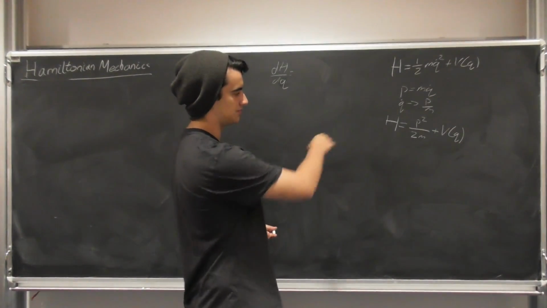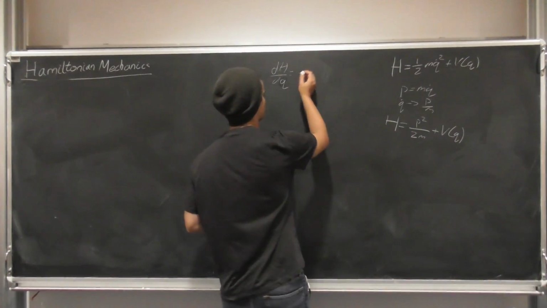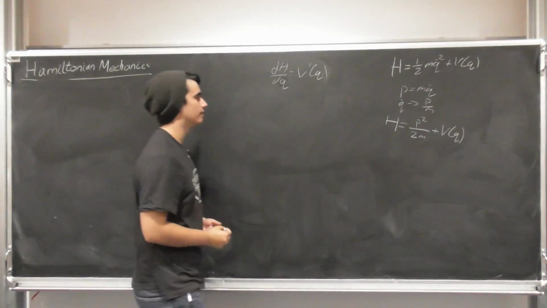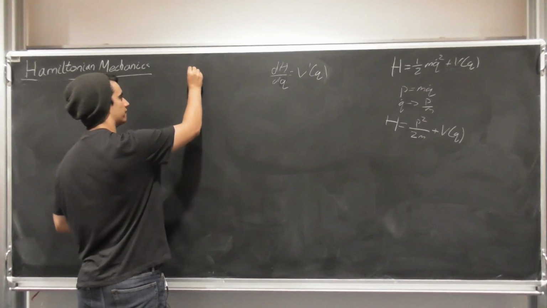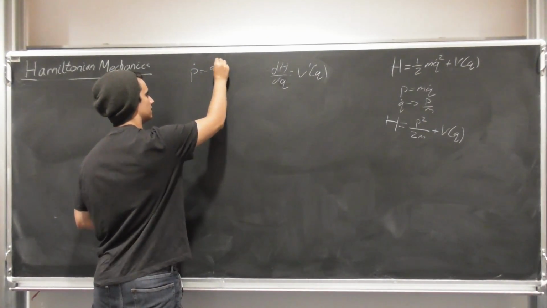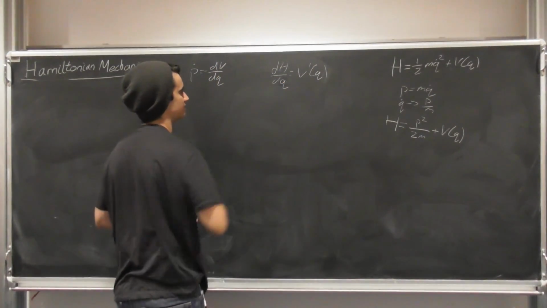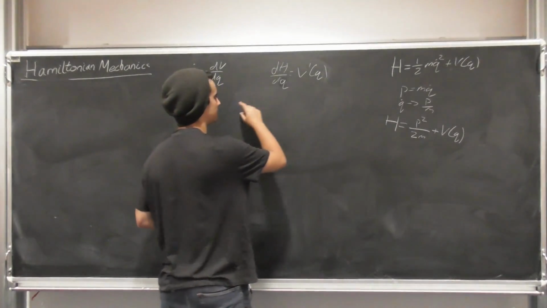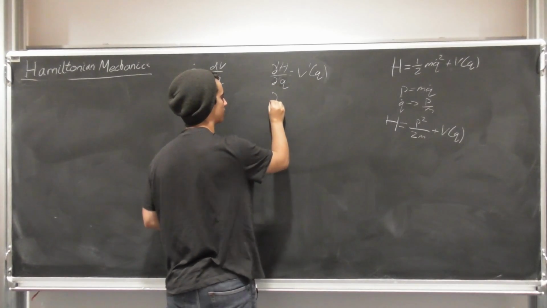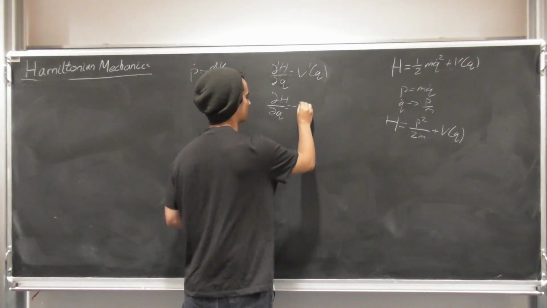And our second term here, our potential energy, will go to V prime, so we'll have V prime of q. But if we remember that the force, so p dot, is equal to minus dV/dq, we'll be able to replace this here with a minus p dot, and so we can say therefore that dH/dq is equal to minus p dot.